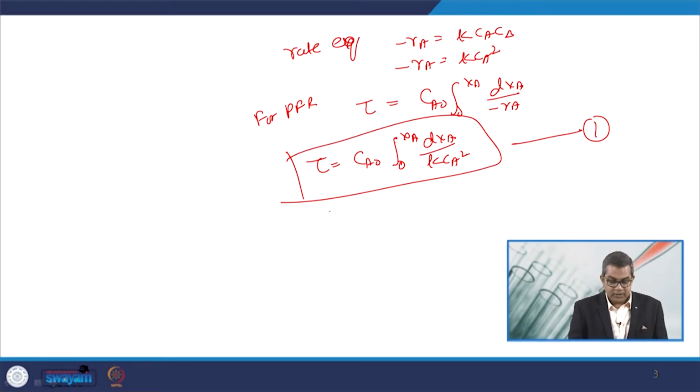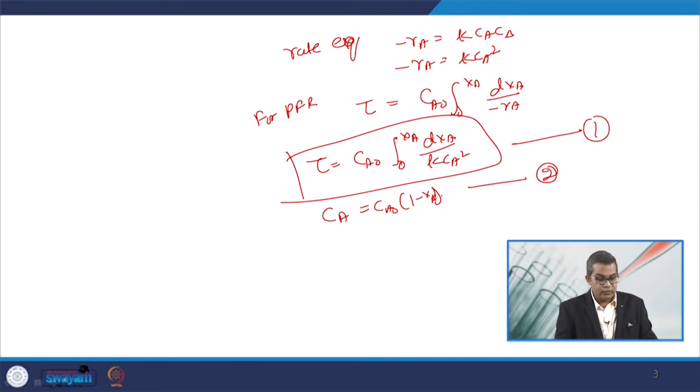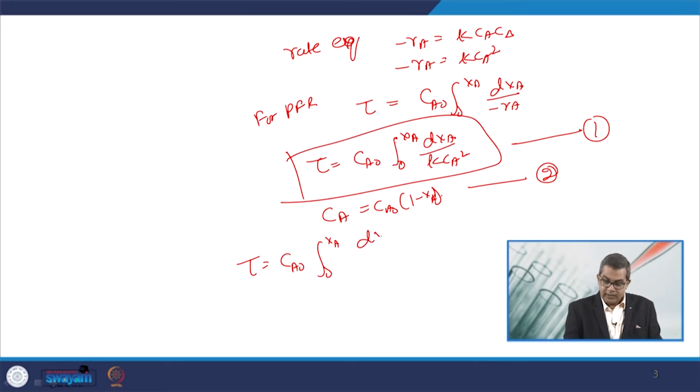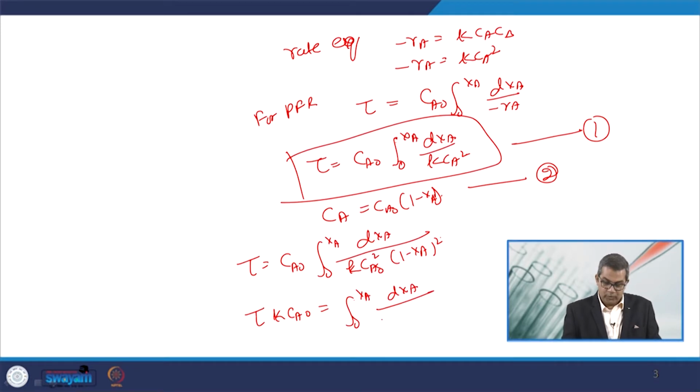Now as it is given that Ca is equal to Ca naught into 1 minus Xa, that is my equation number 2. From equation 1 and equation 2 we have tau is equal to Ca naught integral 0 to Xa dXa upon K Ca naught square into 1 minus Xa square, and it can be rearranged as tau K Ca naught is equal to integral 0 to Xa dXa upon 1 minus Xa square.